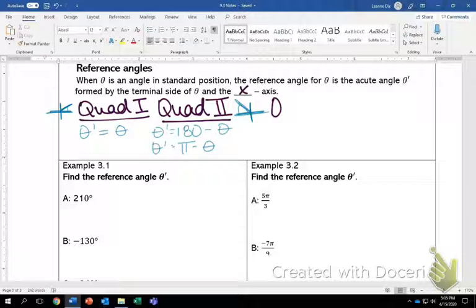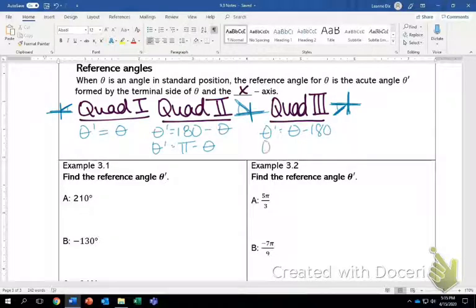All right, and I promise we're going to do examples in a second, but for now, let's go ahead and do quadrant three. Quadrant three is the same idea, but now we are drawing a coordinate plane and putting our reference angle in the third quadrant. We're pretty close to that 180 still, so this time I'm going to backtrack to get to that point, or you can use the formula theta prime is equal to theta minus 180, because we're just over the 180 mark, so we just subtract 180 to get us back where we were.